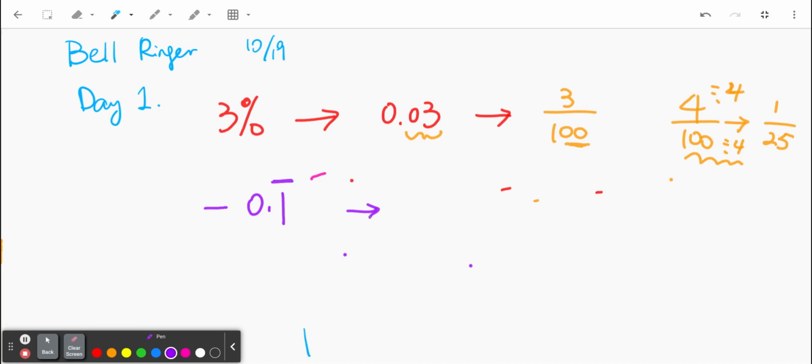Wouldn't it be 10 over 100 because the one is in the tens place? Well, it could be 10 over 100 or 1 over 10, right? But it's not really 1 over 10.